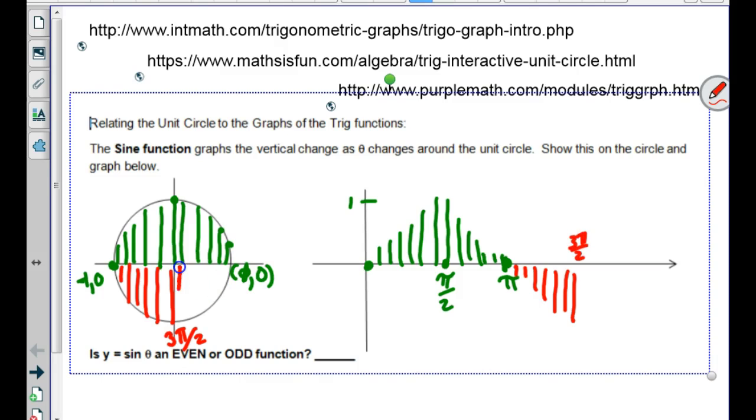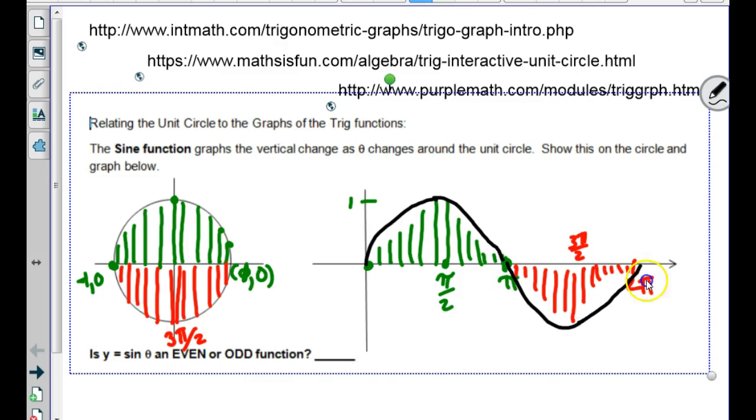And then here it's negative, but it's starting to get smaller and smaller. The idea is that the y is increasing, then it's decreasing, then it's negative but getting more negative, and then it's going back towards 0.